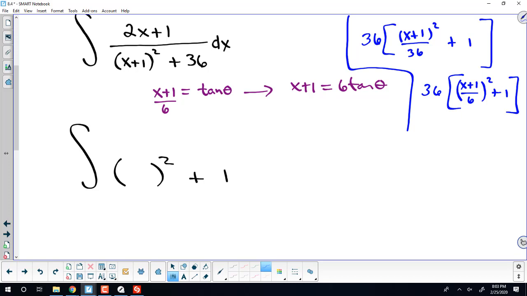So that came from the bottom. Need that there. We want this to be tangent. So the 2x plus 1, we've got to figure out what is 2x plus 1 and what is this dx in terms of theta, because we don't want to leave it like that.